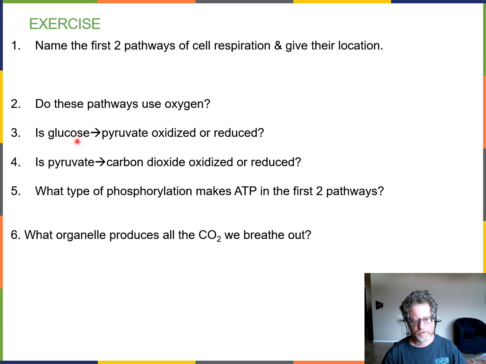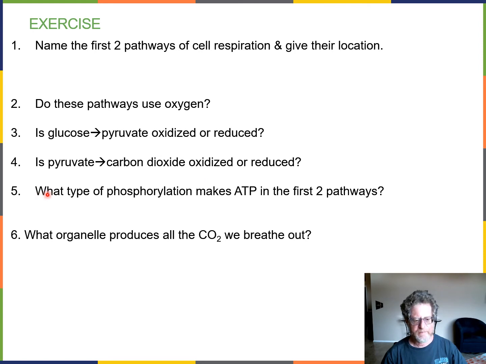They're being transferred to the NAD positive, to the FAD positive, and some of them are being used to make the ATP. So it's being oxidized. How about the pyruvate going to carbon dioxide? Is it losing electrons or gaining electrons? Again, the pyruvate has that CH3 group, and it loses all those hydrogens. And again, they're being used to make ATP, NADH, and FADH2. So pyruvate to carbon dioxide, the pyruvate's being oxidized.